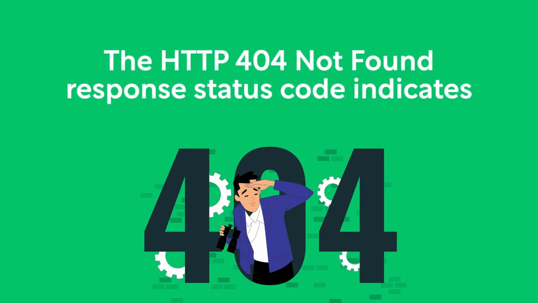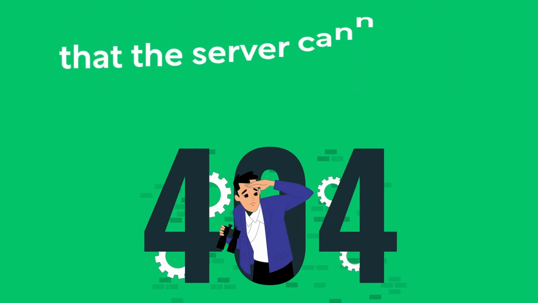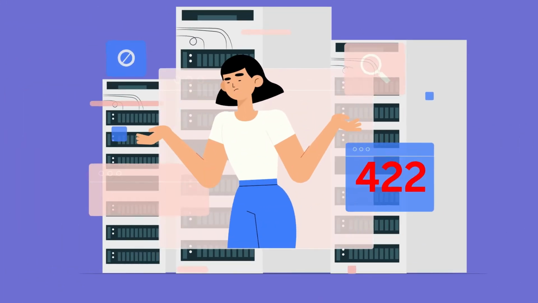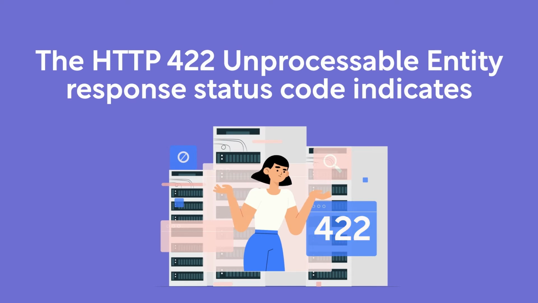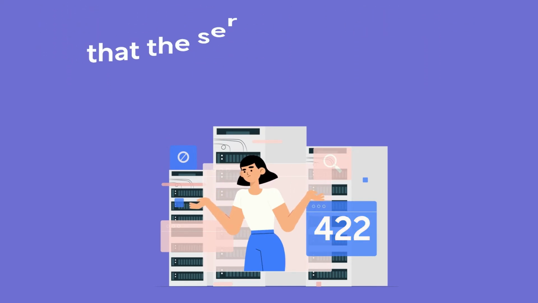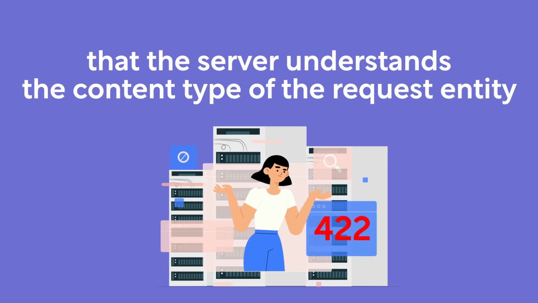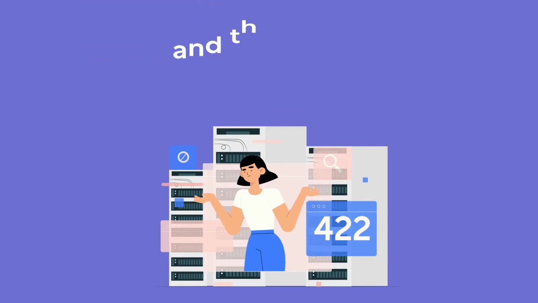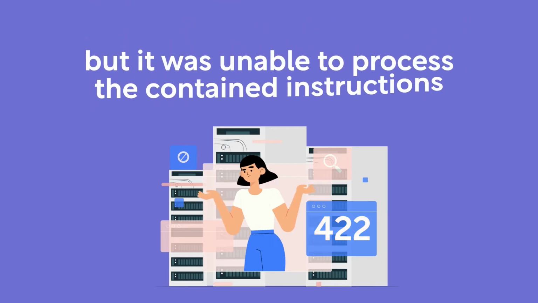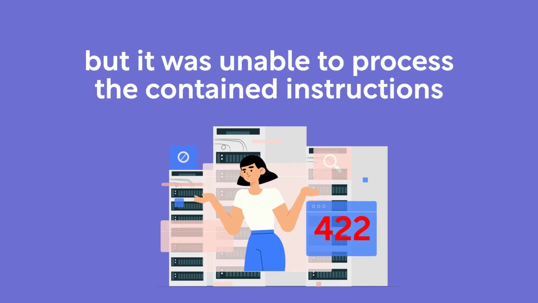The HTTP 404 not found response status code indicates that the server cannot find the requested resource. The HTTP 422 unprocessable entity response status code indicates that the server understands the content type of the request entity, and the syntax of the request entity is correct, but it was unable to process the contained instructions.